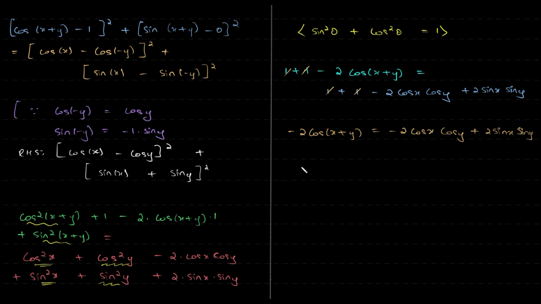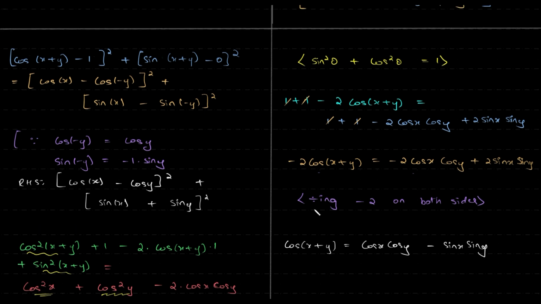And at last we divide by minus 2 on both sides. So each term has to be divided, 1, 2 and 3, there are 3 terms. So we have cos of (x plus y) is equal to cos x cos y minus sin x sin y, and we are done with the formula. That's it, right?